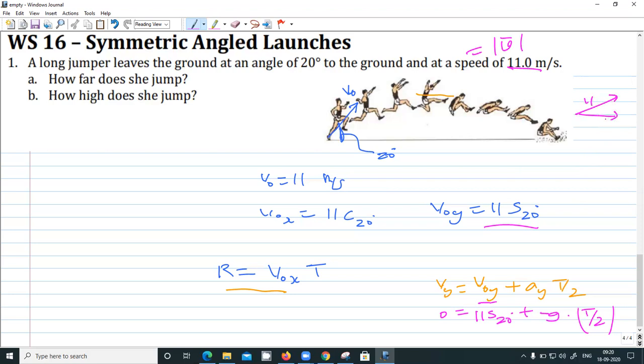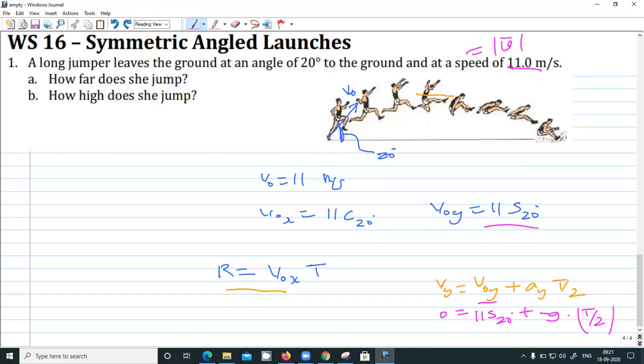And this is the x component and this is the y component. This angle is 20 degrees. So 11 cos 20 is the x component, and 11 sin 20 is the y component. The magnitude of the velocity vector is the length of the vector. So the x component is that length times the angle, cos or sine.